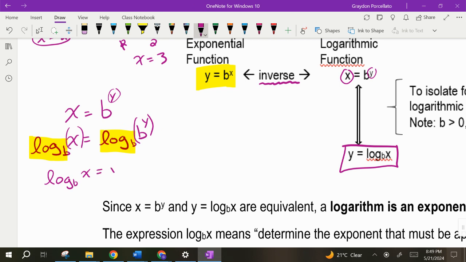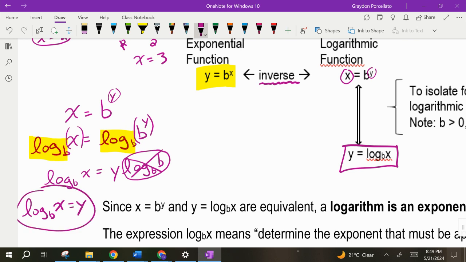It allows you to drop your exponent. The log of b base b is just equal to 1, so that goes away. And so what we have is log of x base b equal to y, which is what you'll see over here.